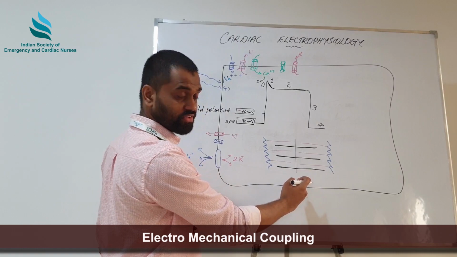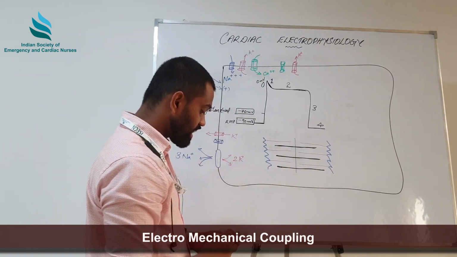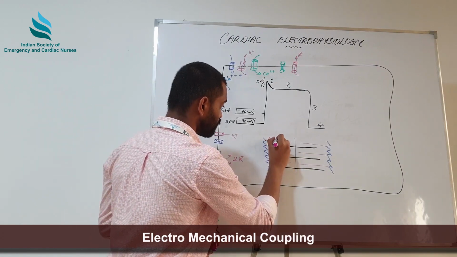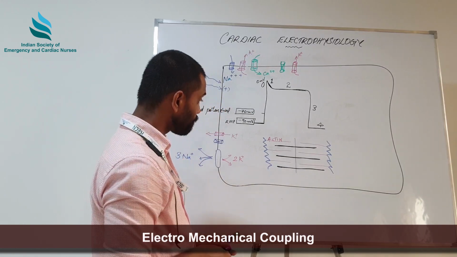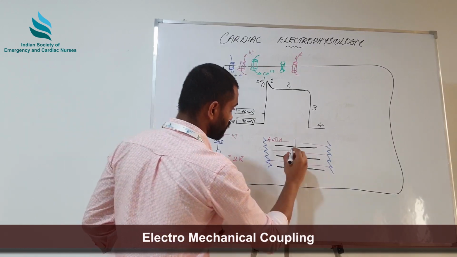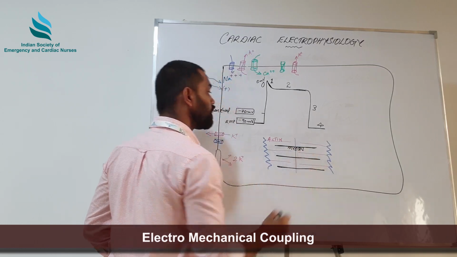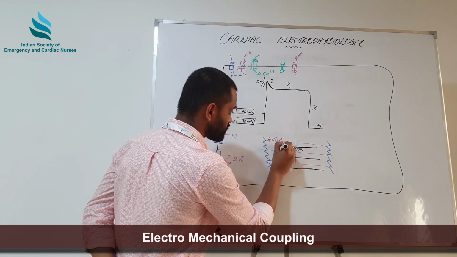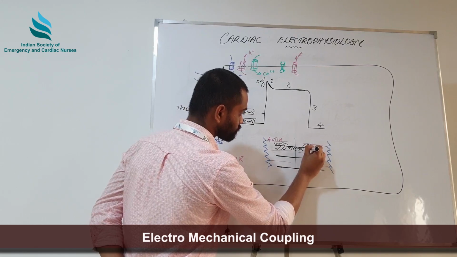At mid we have the M line, and we have thin filaments called actin. So these are actin filaments, and we have thick filaments called myosin. So we have actin filaments and myosin filaments, and these myosin filaments have heads, myosin heads.